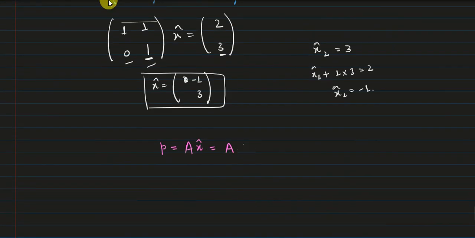That is (A transpose A) whole inverse A transpose b. Let's take this b in a different color. So you see, this thing is nothing but P, that projection matrix.